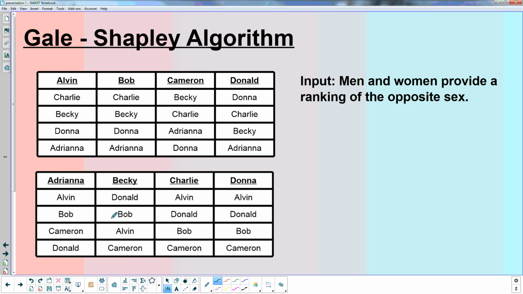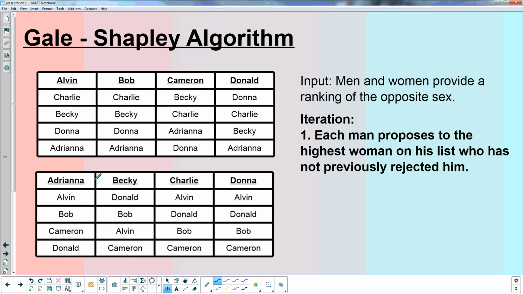The women have their own set of preferences, and that is the input for this algorithm. So it's a ranking of the members of the opposite sex. The way this algorithm iterates is that in step one, it forces each man to propose to the highest woman on his list who has not previously rejected him.